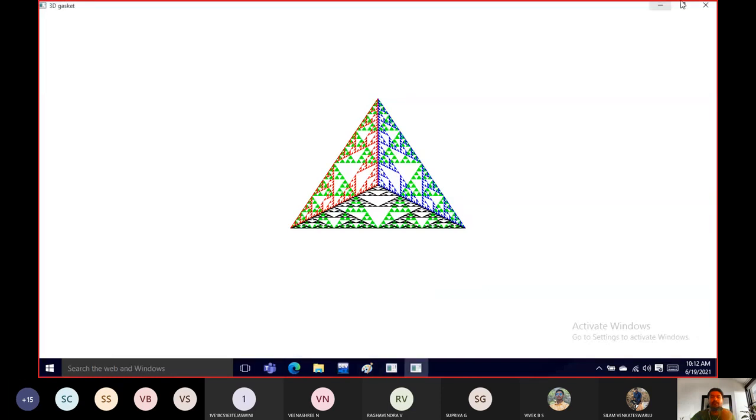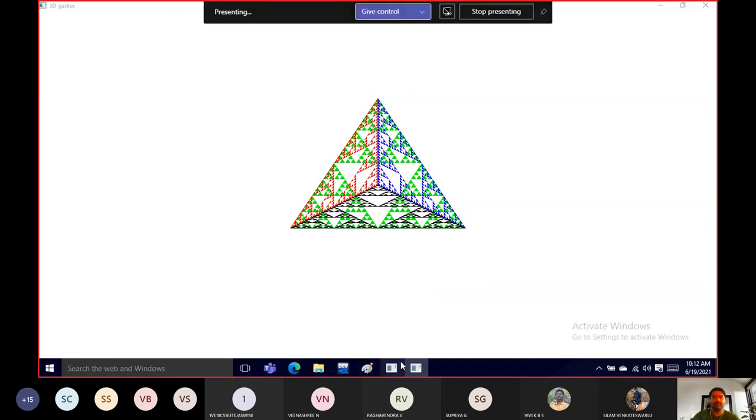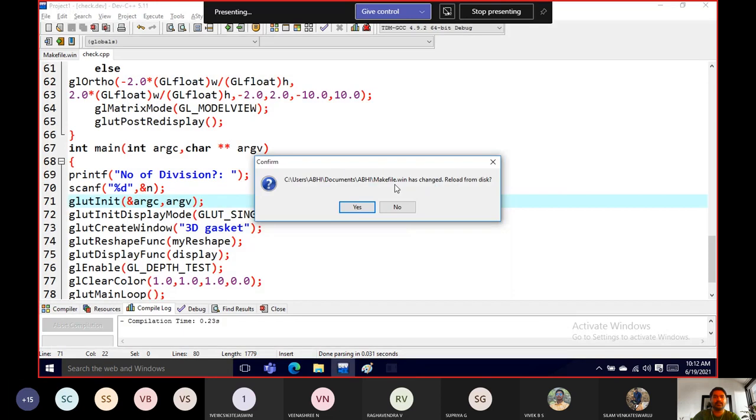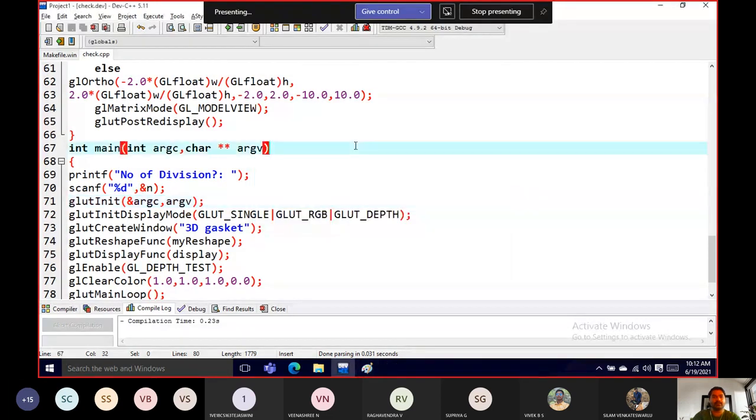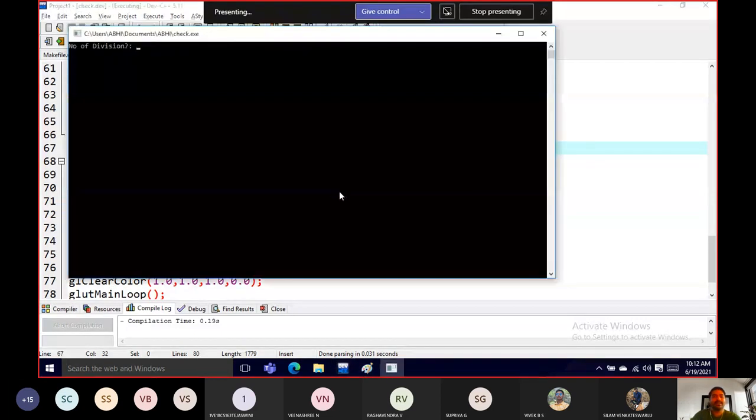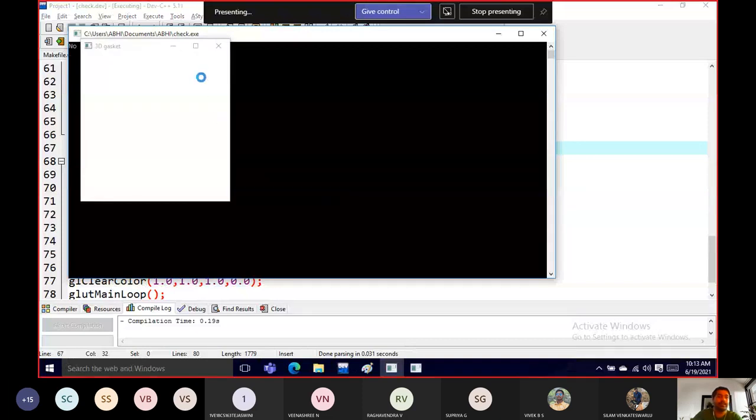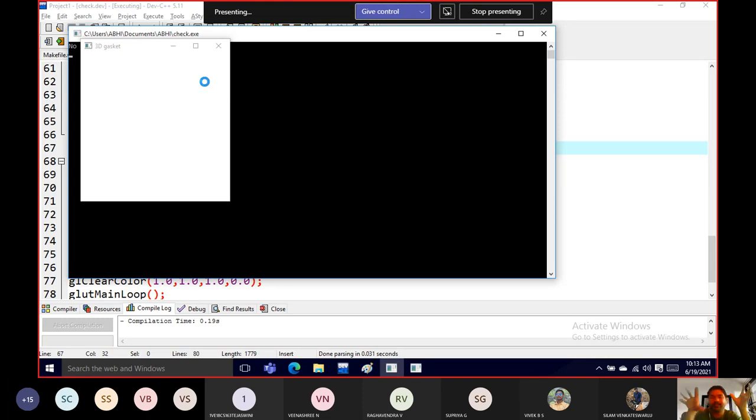So the next question is, can I give 50 as the number of divisions? Yes, you can give. There are no restrictions, but the image will be very, very delicate, and it takes much time to execute because of the number of divisions, and you know what recursive is, right? This is what happens.